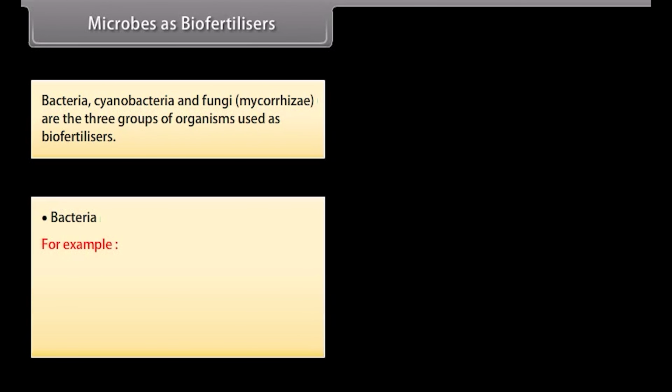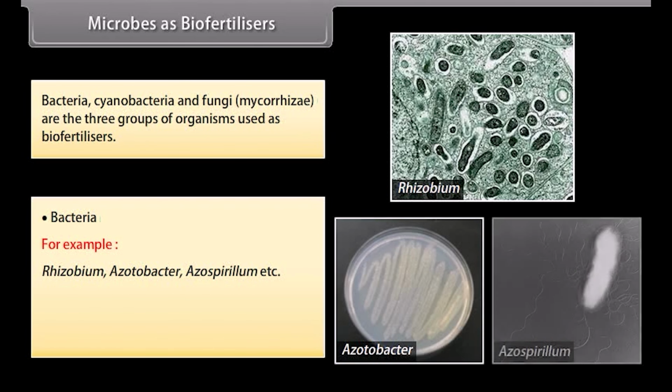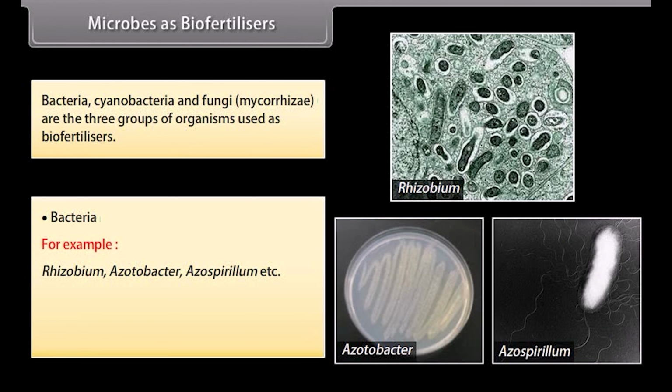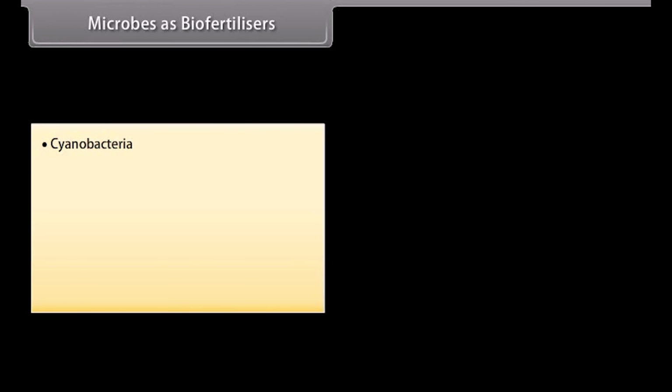Bacteria, for example, Rhizobium, Azotobacter, Azospirillum, etc. Rhizobium is a soil habitat bacterium which is able to colonize the legume roots and fixes the atmospheric nitrogen symbiotically. Cyanobacteria.